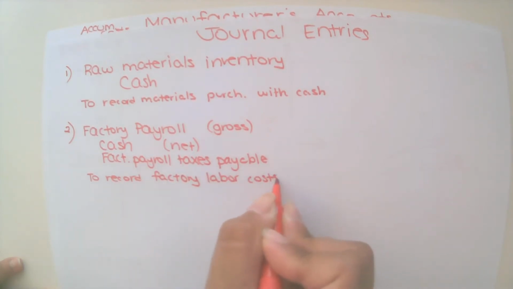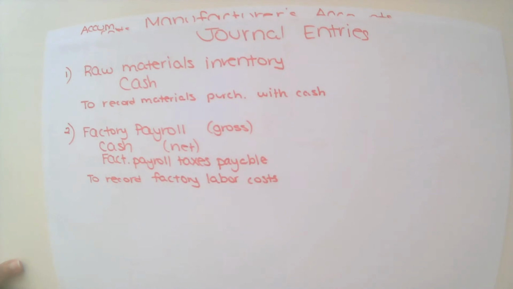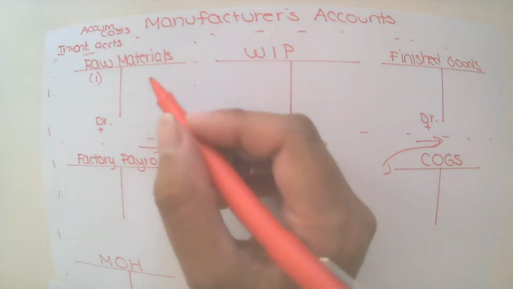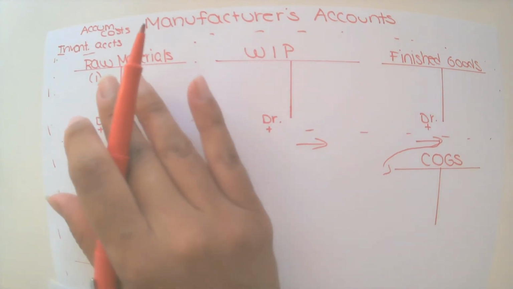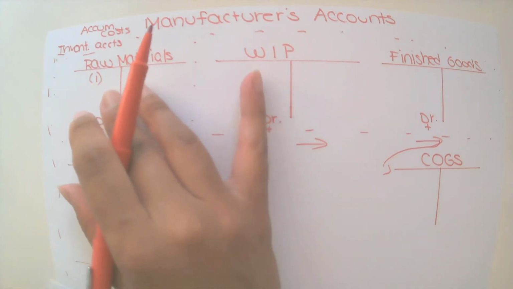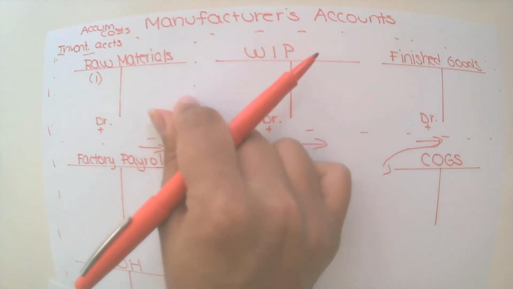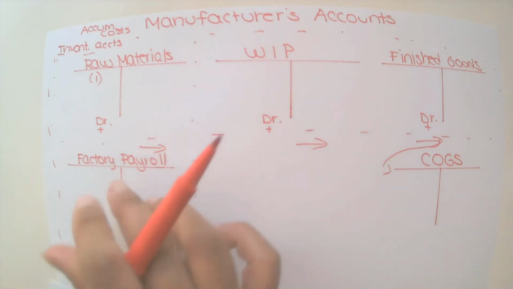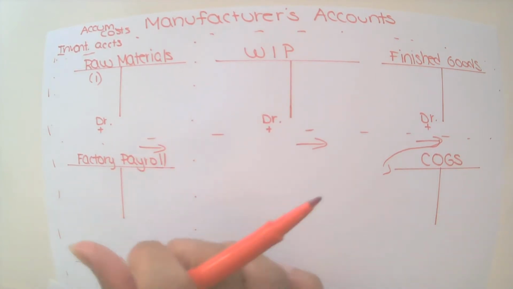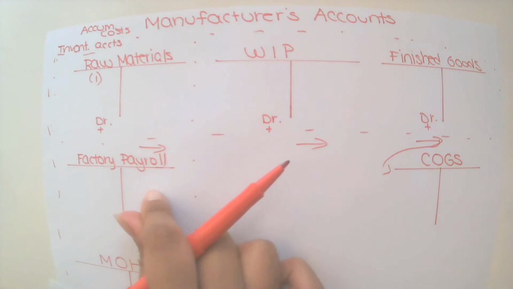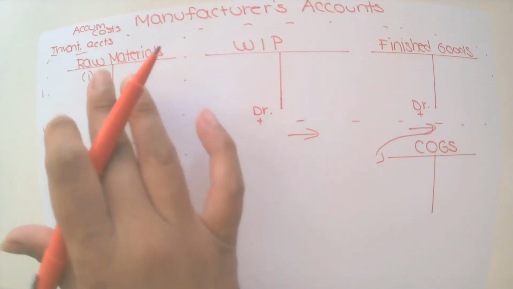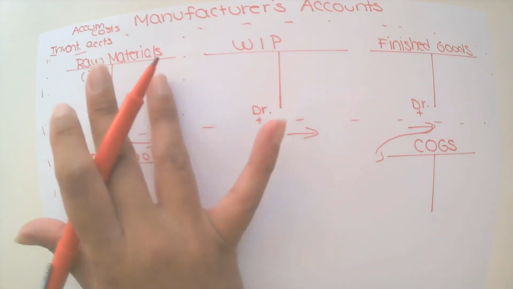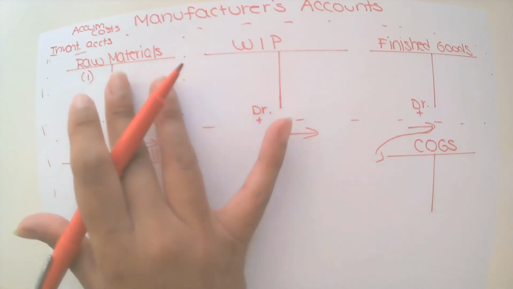Something I do want you to notice, I have avoided using the terms DM, DL, and MO because that's not the case. This materials account houses DM and IM, indirect materials. This payroll account houses direct labor and indirect labor costs. It's both. So that's why I didn't refer to it as DM, DL, and MO. It's your raw materials inventory, which houses both direct and indirect material costs.